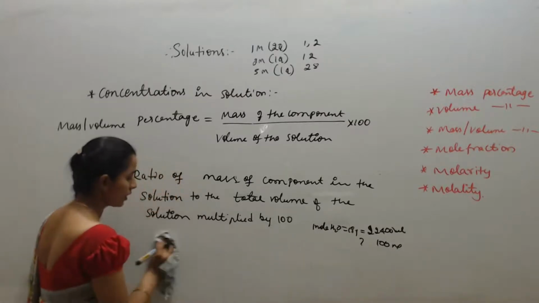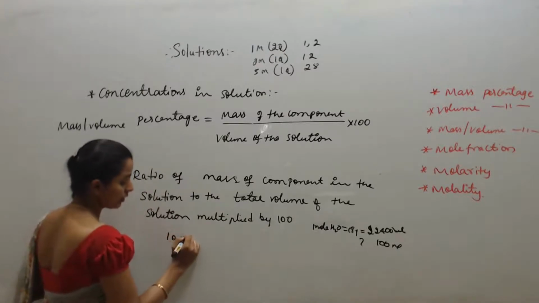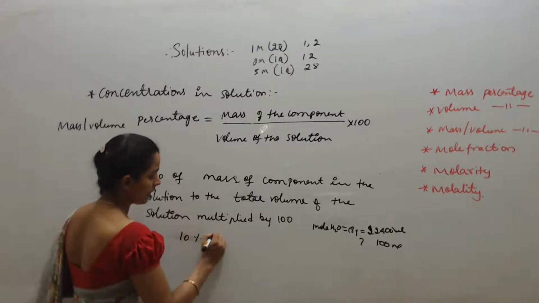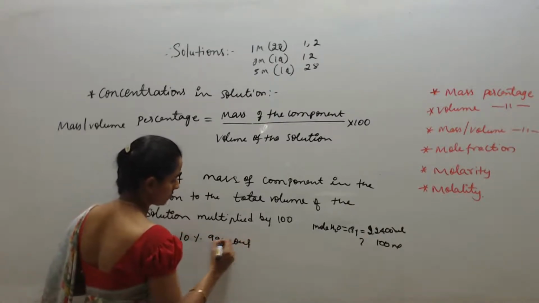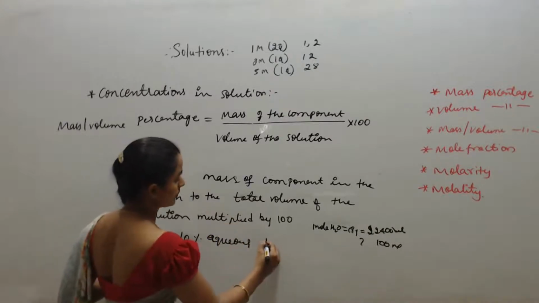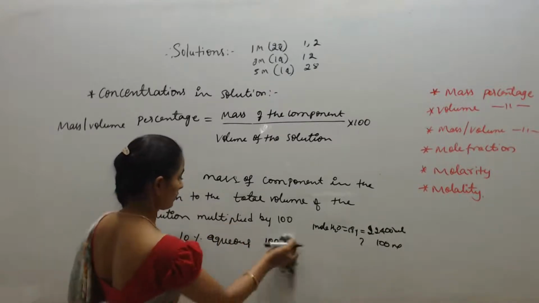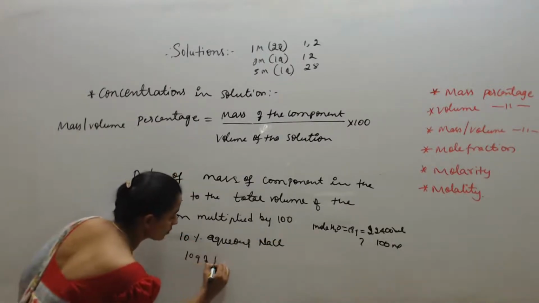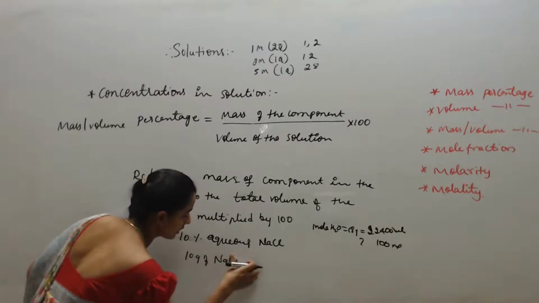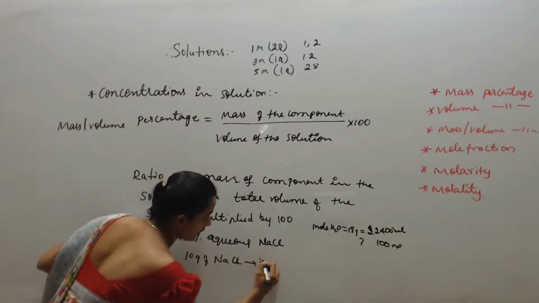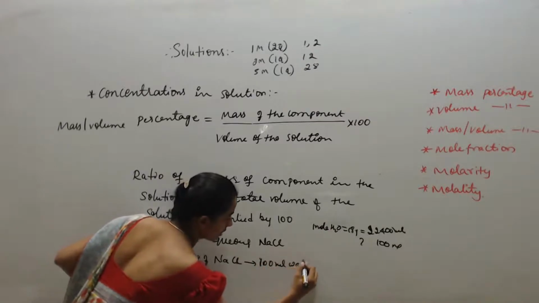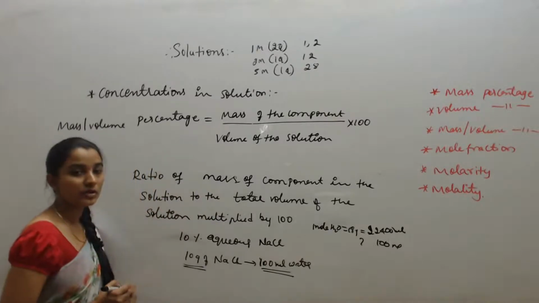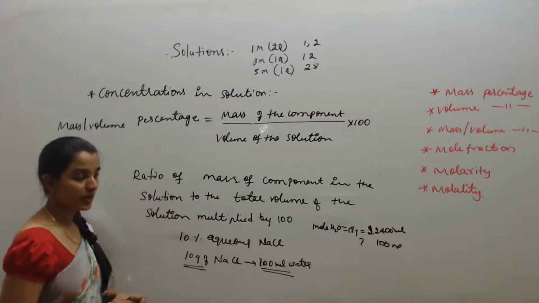For example, students, if they give 10% aqueous sodium chloride, it means 10 gram of sodium chloride, NaCl, in 100 ml water. So your solvent is in volume, solute is in gram. So this gives mass volume percentage.